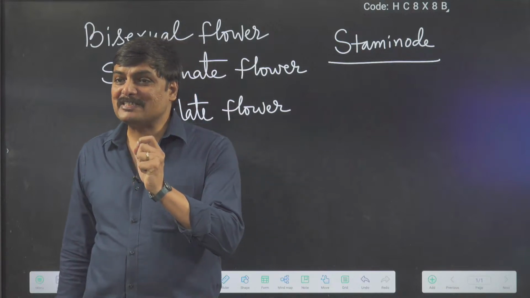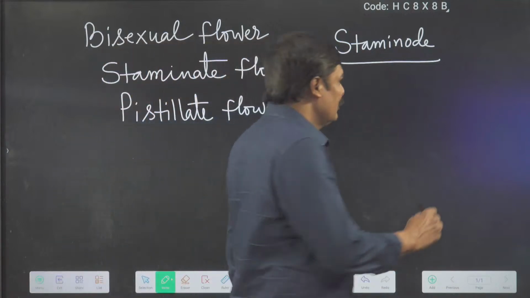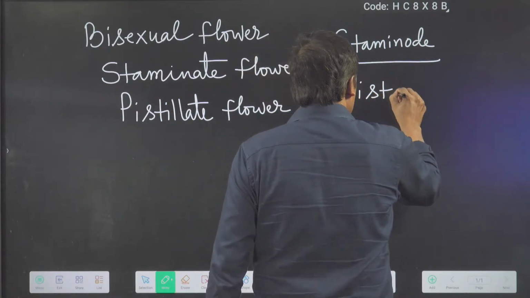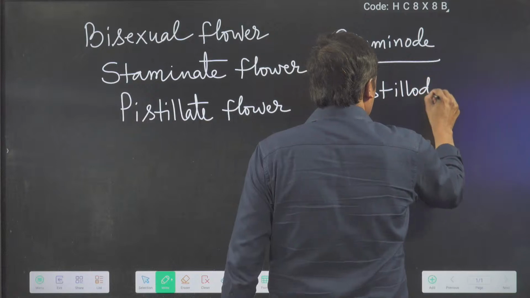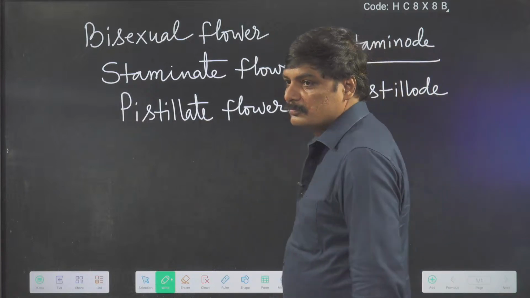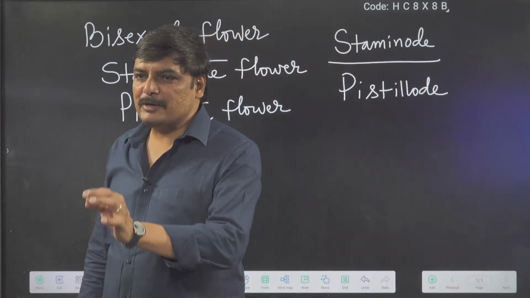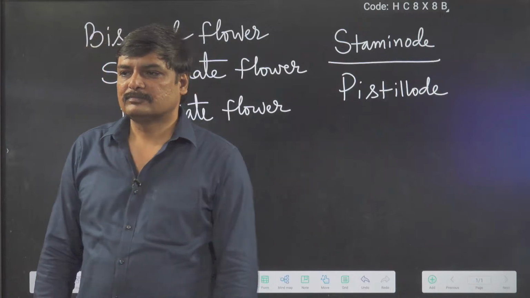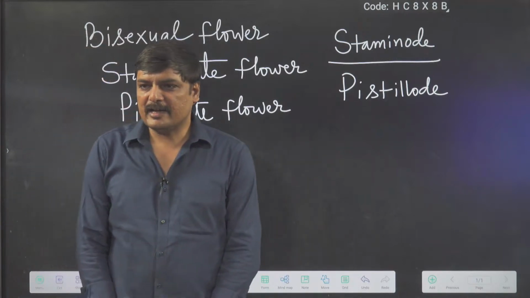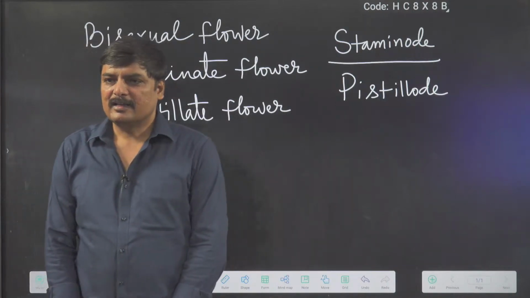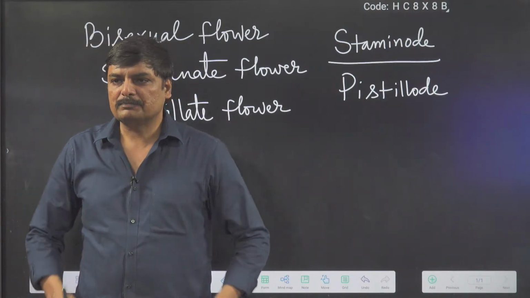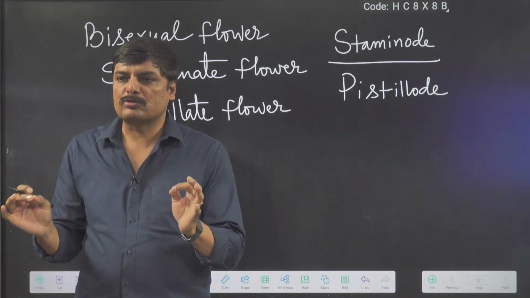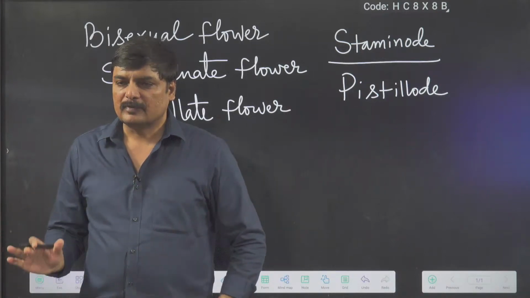What is a pistillode? Sterile pistil is called pistillode. Sterile stamens are called staminodes. Good. Right.